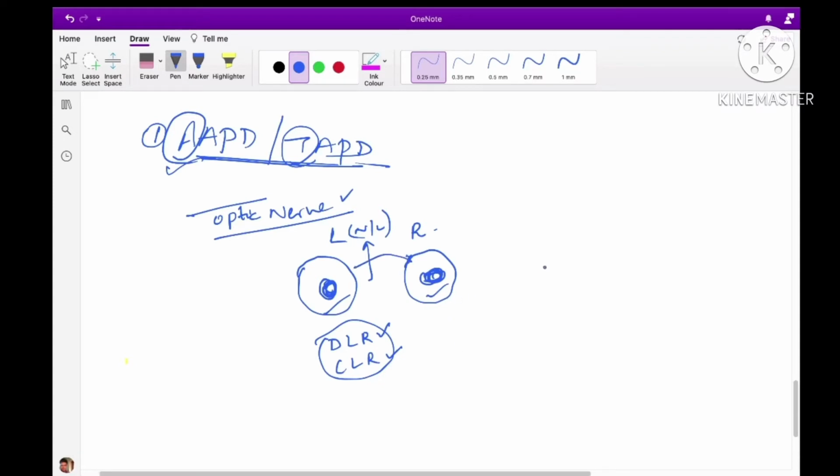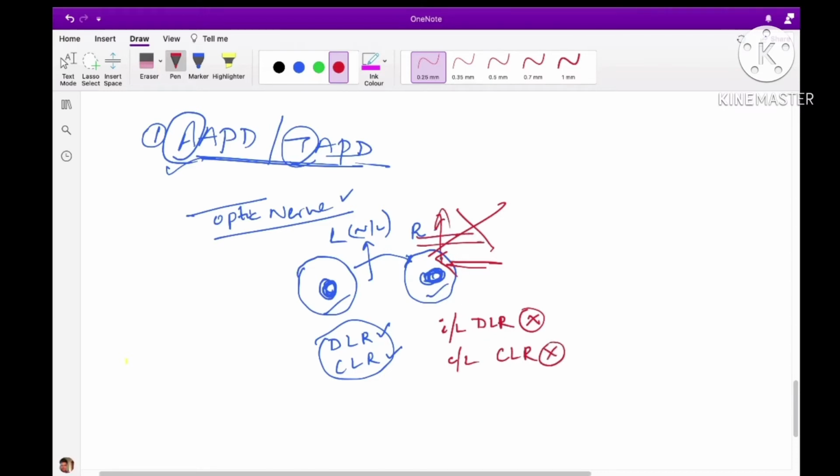But when you throw the light on the defective eye, what happens? The optic nerve is completely cut, so the ipsilateral direct light reflex is absent, and the contralateral consensual light reflex is also absent, because no impulse is going from here, as the optic nerve is completely lesioned.